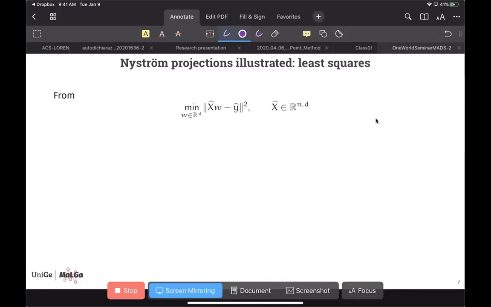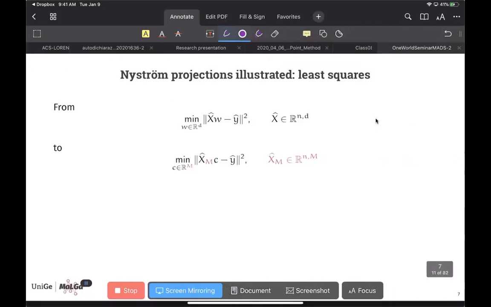So this is the basic least squares algorithm. I have to solve a linear system defined by the data matrix and a set of output vectors y hat, okay? So when I consider now the projected data, what I'm doing is that I'm actually replacing the original matrix X with this reduced matrix, X hat M, and I'm now replacing the variable.